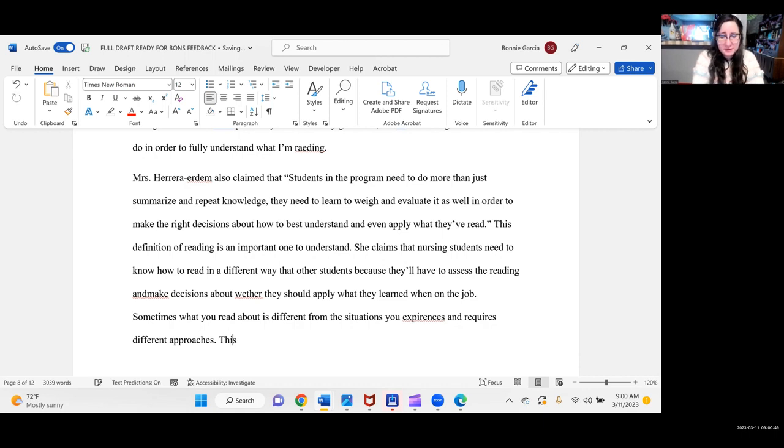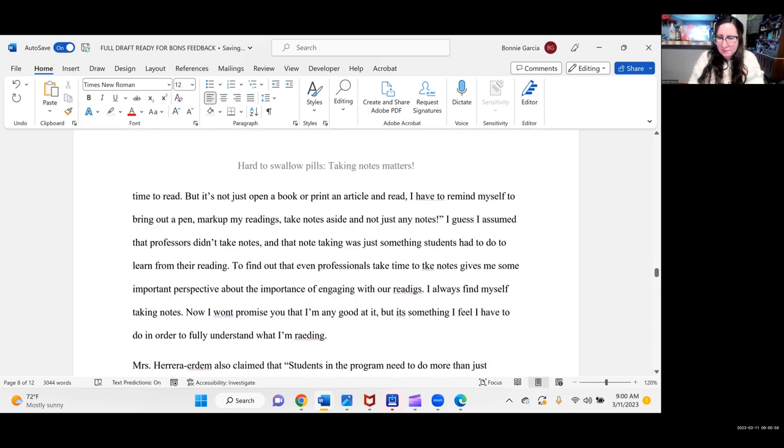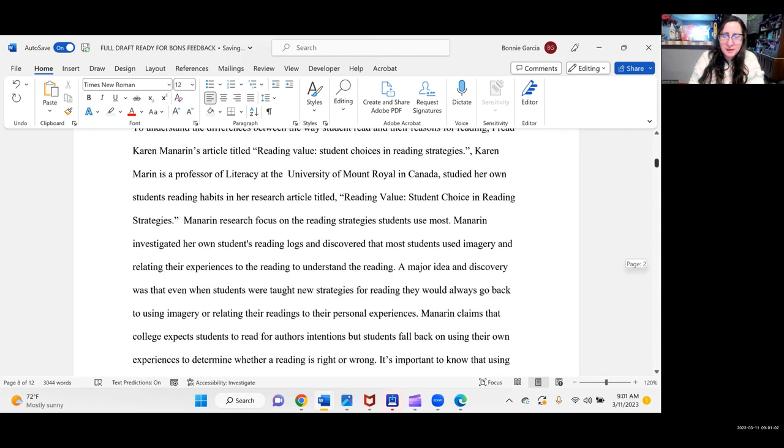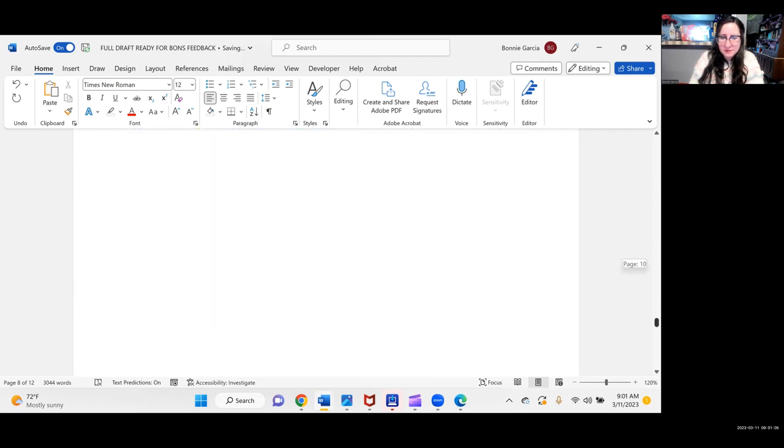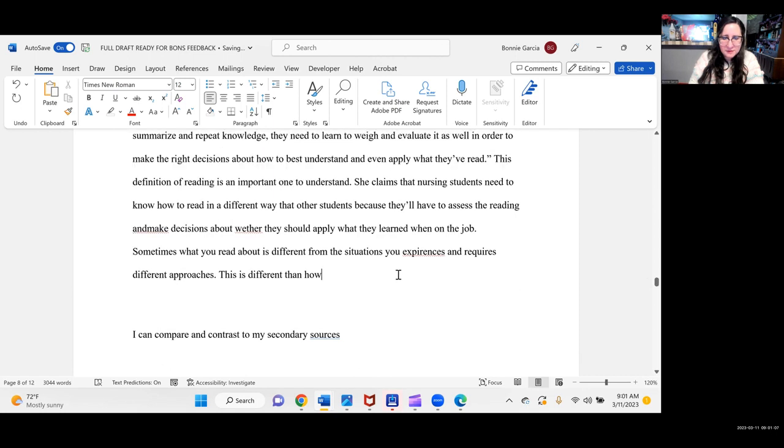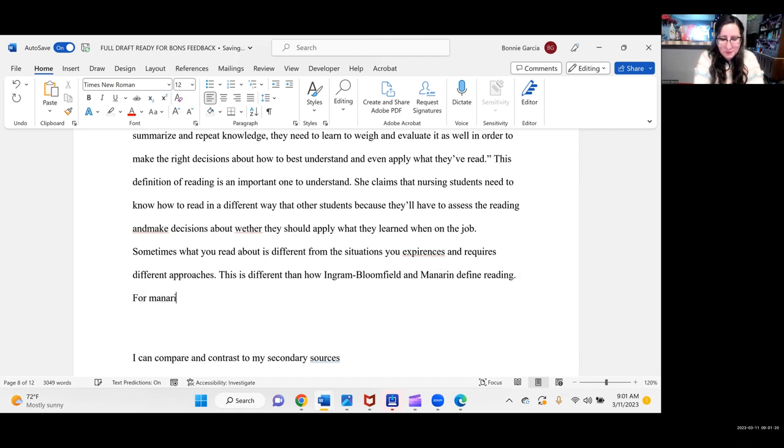So I'm explaining there. This is different than how I'm, not gonna say my sources, I'm gonna name them. Or my sources, Ingram, Bloomfield, and Maturin. This is different than how Ingram, Bloomfield, and Maturin define reading. For Maturin, reading requires imagination and relating to the reading.